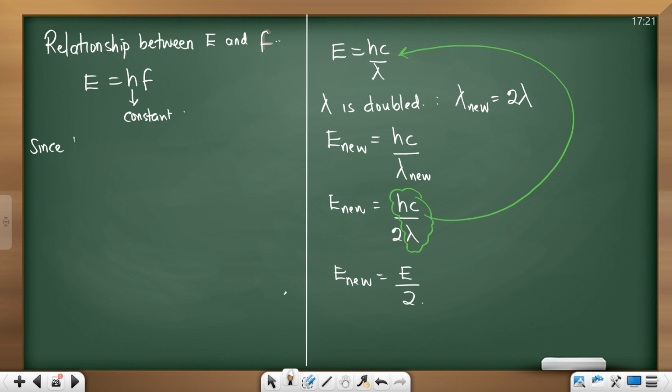Since h is a constant, E is directly proportional to f. The higher the frequency, the bigger the energy.